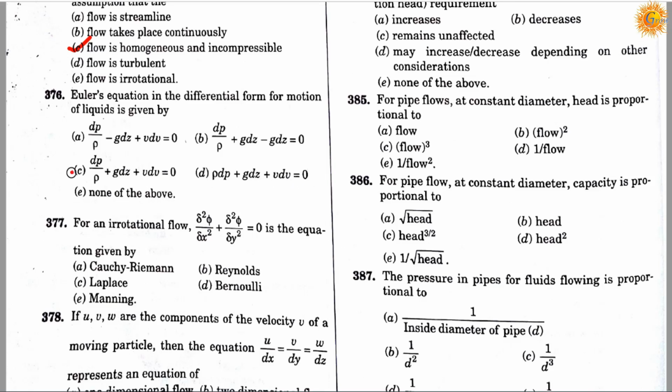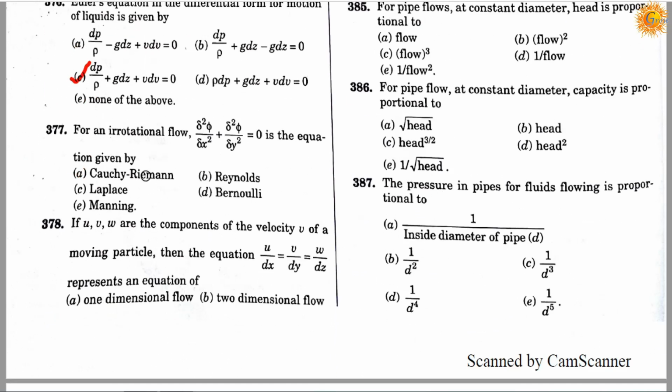Correct answer is C. It will be dp/rho plus g dz plus v dv equal to 0.